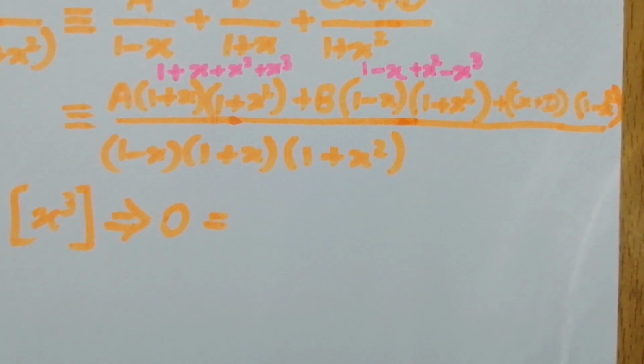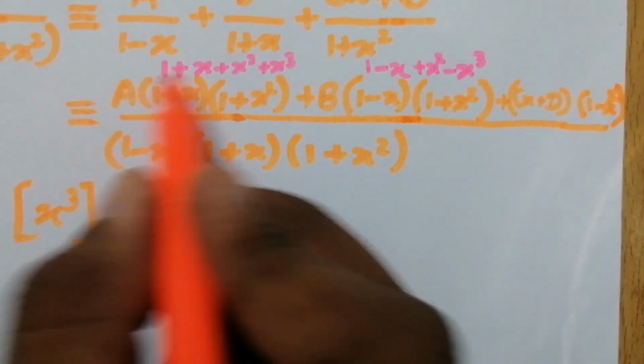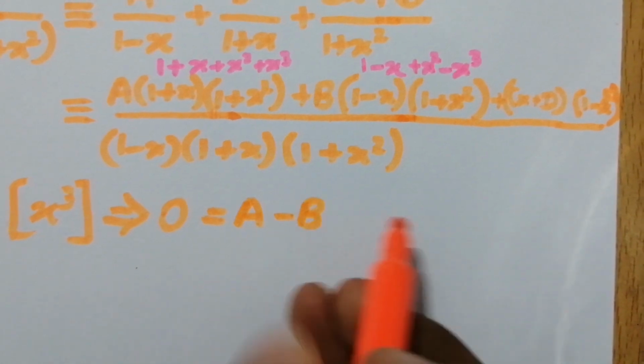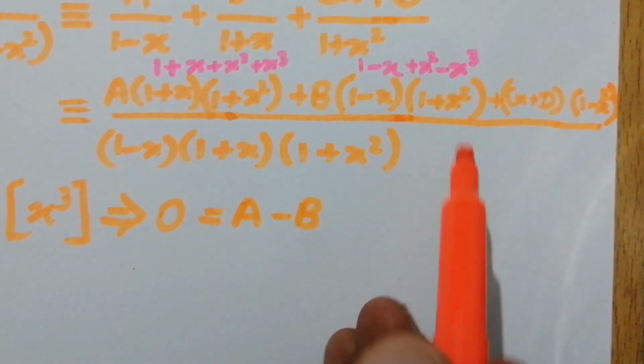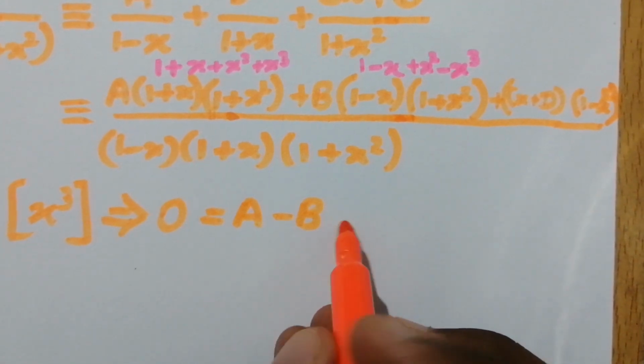Okay, now if I equate the coefficient of x to the power 3, here 0 equals a minus b. On this side cx times minus x squared is minus cx cube, then it will be minus c.